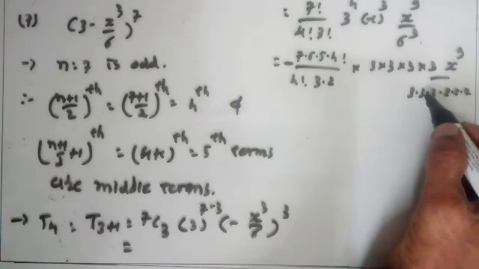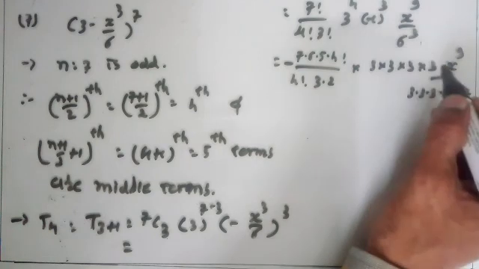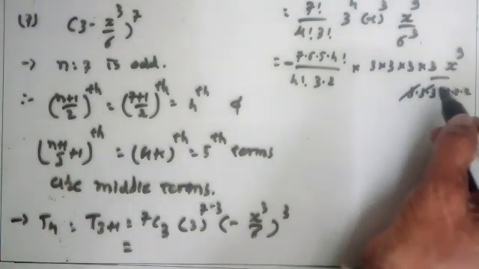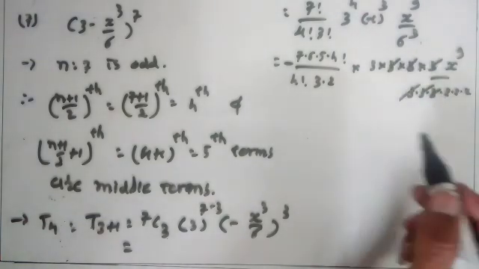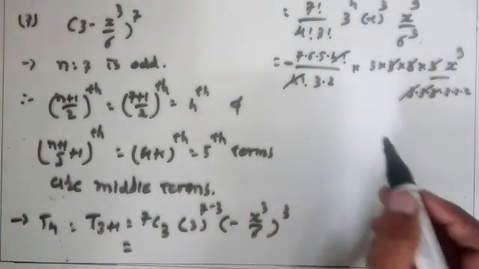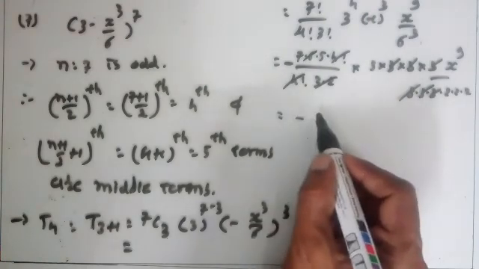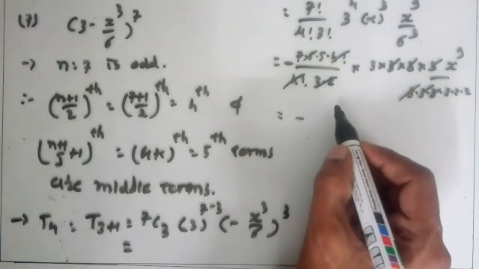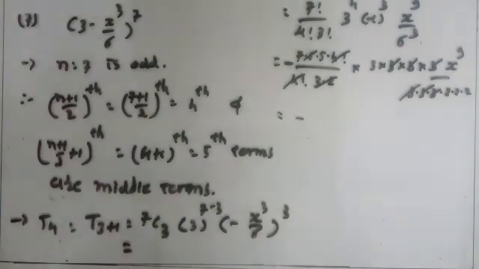So the 3 times cancel, 4 factorial cancels, and 3 and 6 also cancel, so it is equal to minus 7 into 5 into 3.